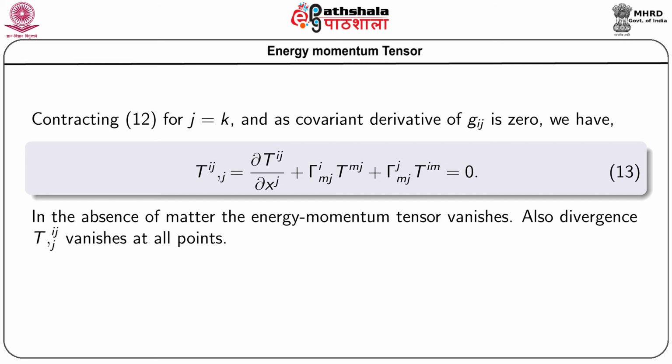That means, in the absence of matter, the energy momentum tensor vanishes, and also the divergence T^ij_;j vanishes at all points. So, it follows from 13 that the divergence of T^ij is 0.